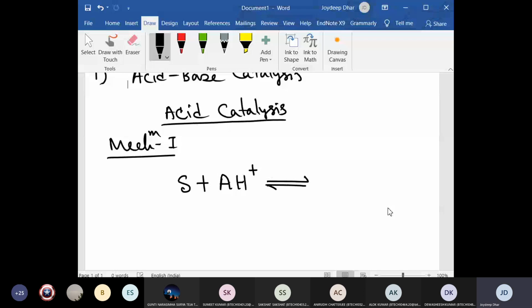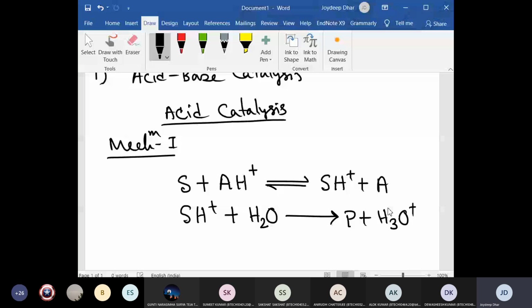The acid donates a proton, and then the intermediate that forms reacts with solvent water in the next step, and you get product and H3O plus.